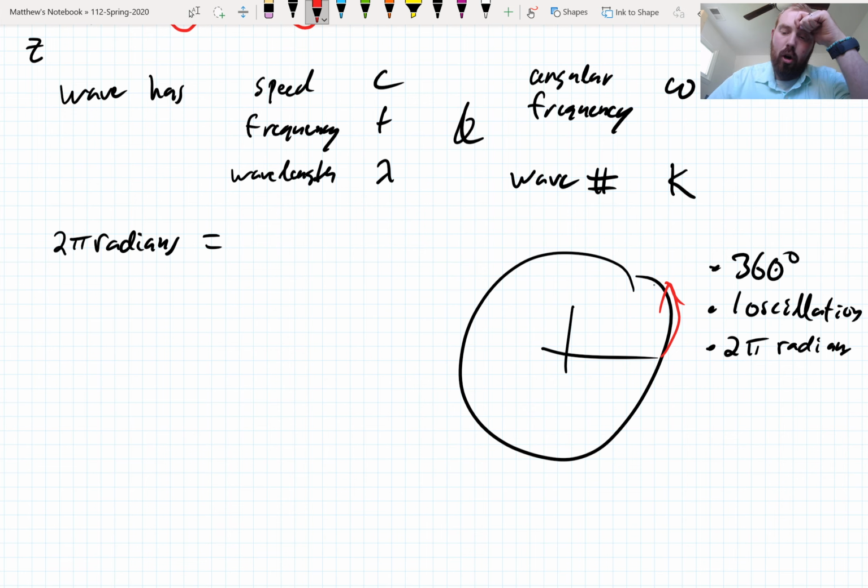They're all the same thing, different ways to represent the same concept of going once around. So 2 pi radians is equal to 1 oscillation.